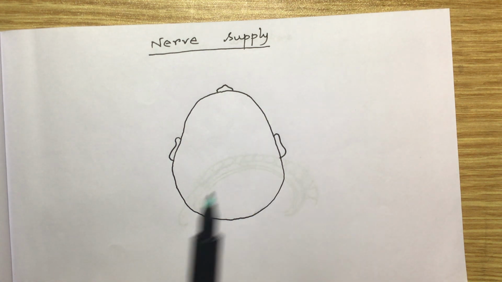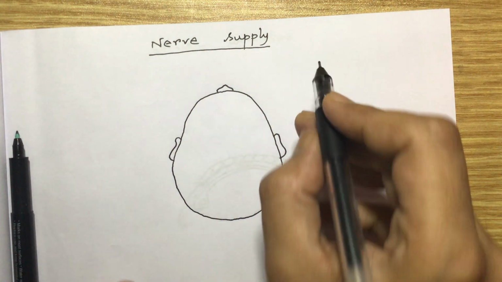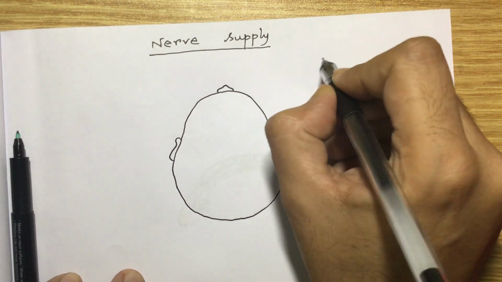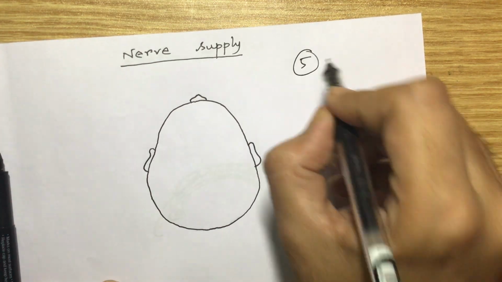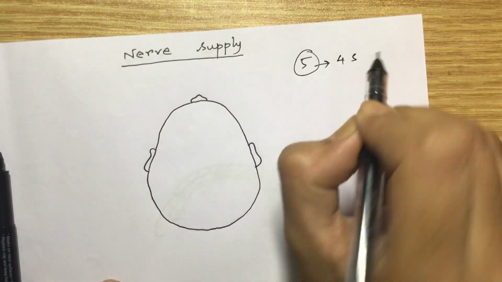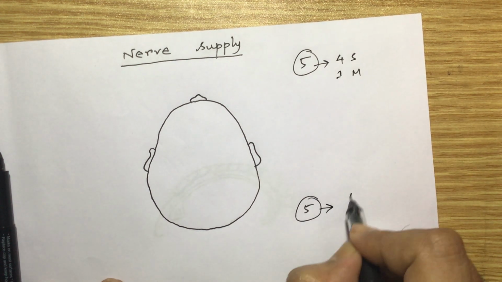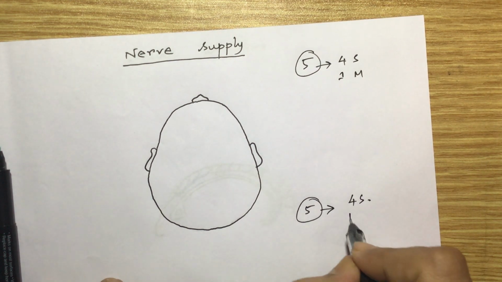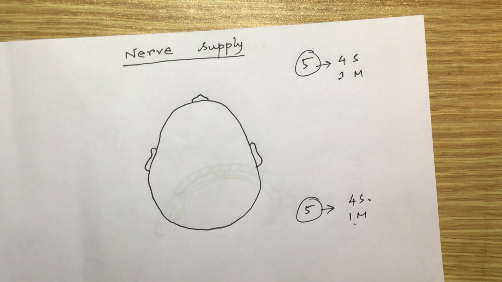Among these 5, 4 are sensory, 1 motor. Here also 4 sensory, 1 motor. Let me discuss one by one.